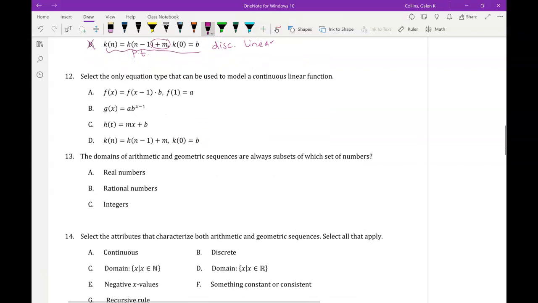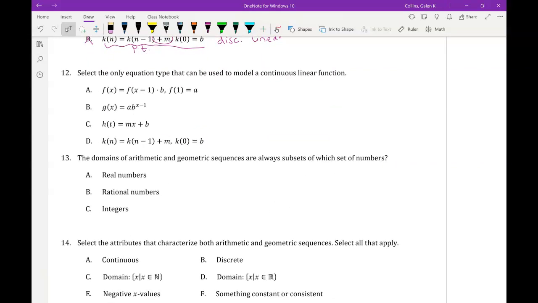All right, number 12, select the only equation type that could be used to model a continuous linear function. Okay, so since again we're talking continuous, let's go ahead and rule out the 2 function or equation types that are recursive. And that's gonna be A and D. The way I know these are recursive is that I'm modeling in A f of x using f of x minus 1, so that would be like my previous term, and then I'm given a starting value.